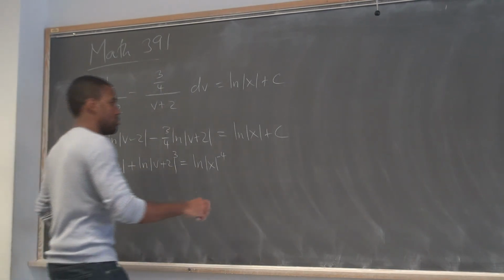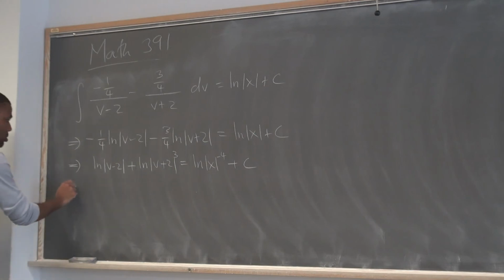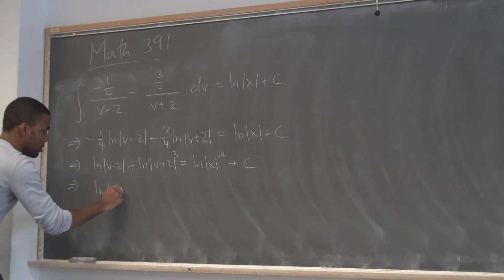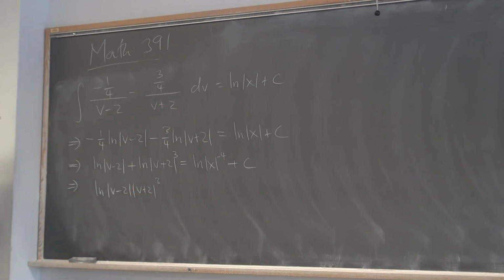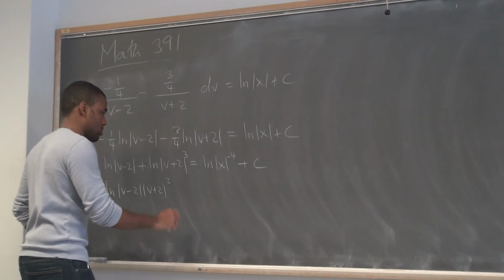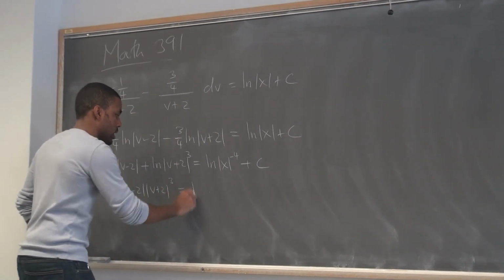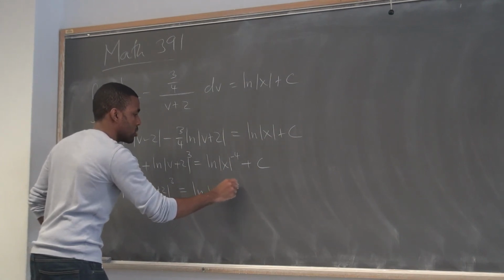All right. So this means I have ln of v minus 2 times v plus 2 all cubed equals, I can write this as ln of our constant times x to the minus 4.